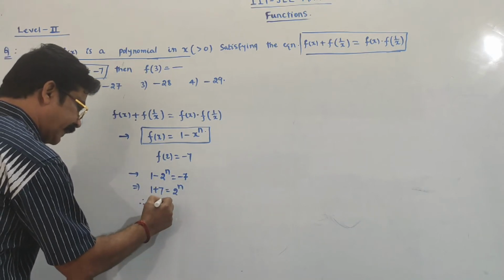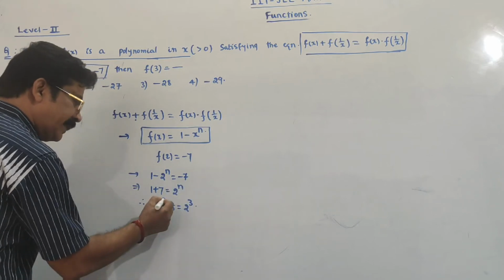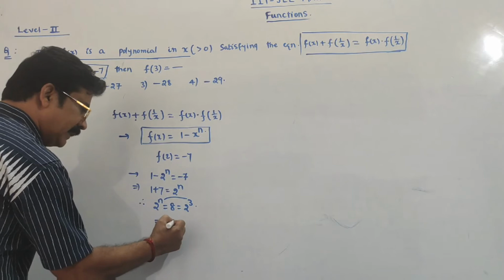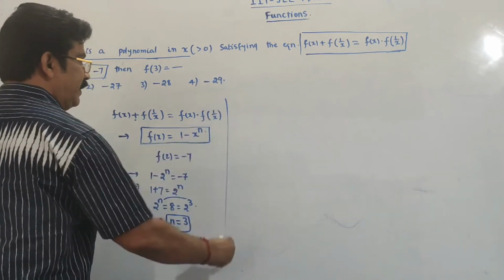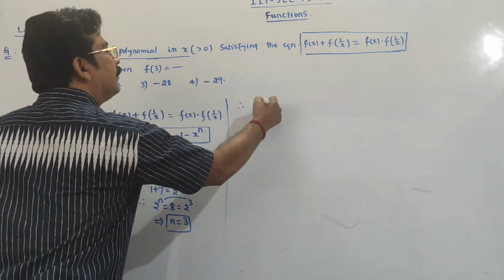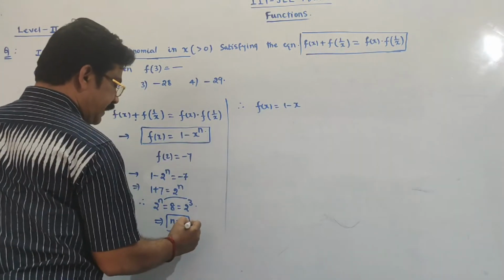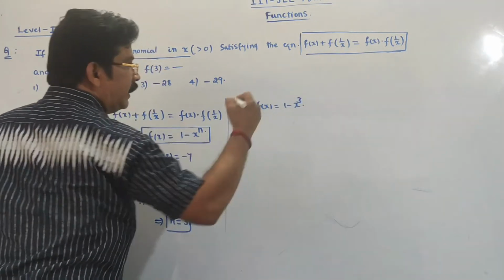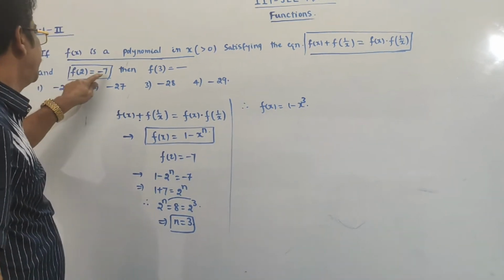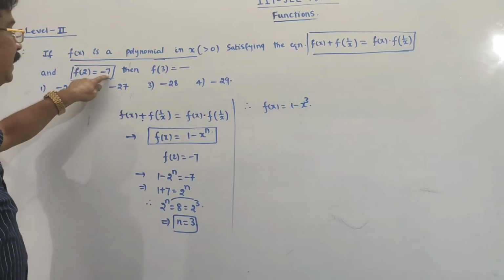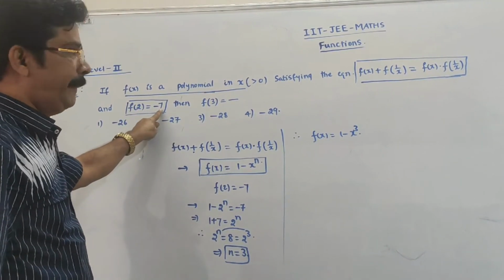Therefore 2 power n is equal to 8. 8 means 2 cubed, so definitely n value is 3. n is equal to 3. Therefore the function will be 1 minus x to the power of 3. So to find the value of n, it has given f of 2 is equal to minus 7, meaning the functional value at x equal to 2 is minus 7.